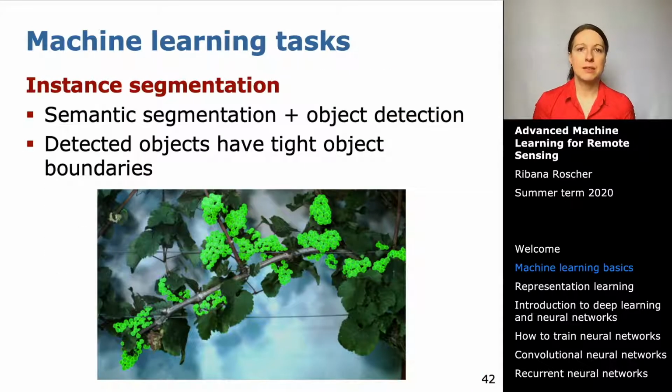So instance segmentation is another task. It popped up a few years ago, and now a lot of researchers focus on this task. And instance segmentation is a combination of semantic segmentation and object detection. So it's not only that you detect an object with a bounding box, but also you get tight object boundaries.